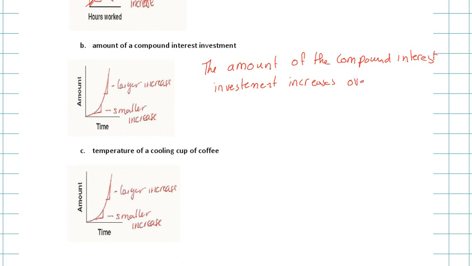So at the beginning we have a small increase, so slowly increasing at first, and then very fast.